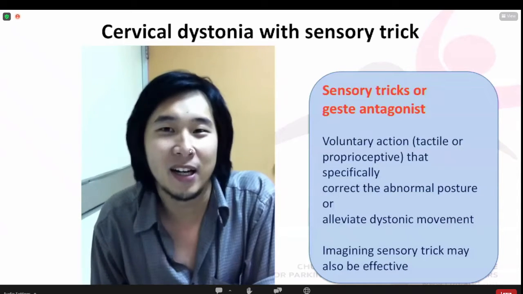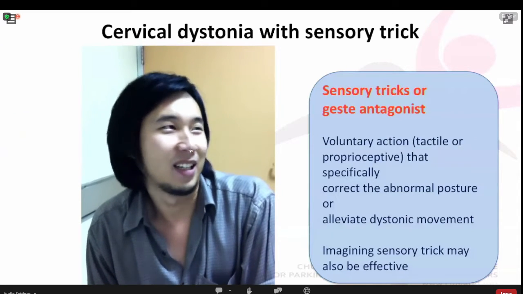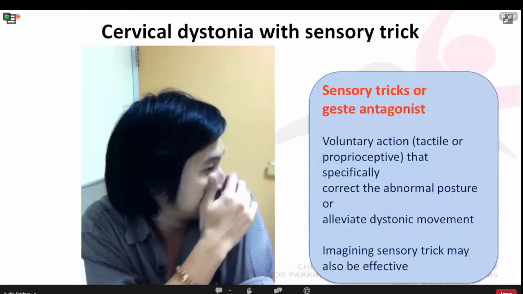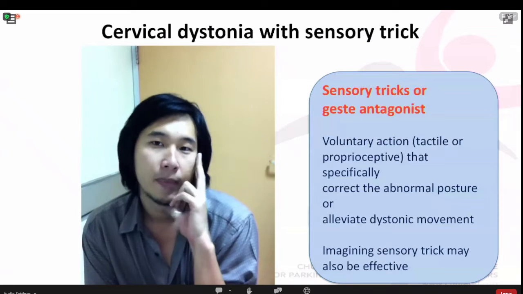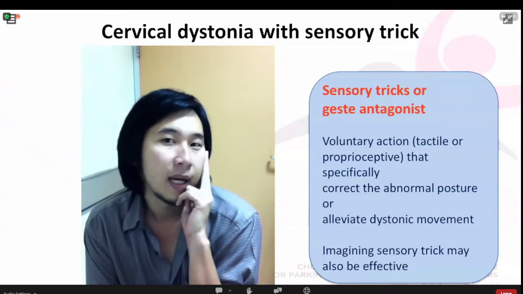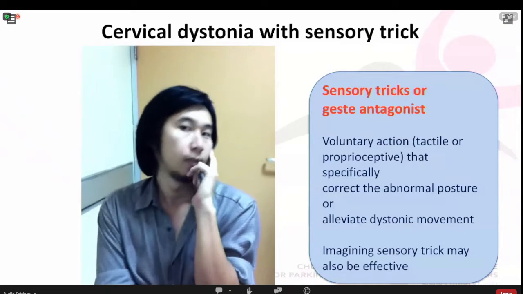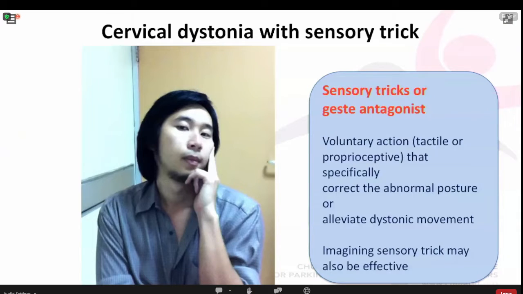You will see this severe cervical dystonia patient. He said that when he just touches his nose or his face, the position can be corrected. This is called a sensory trick or geste antagonistique, which is a voluntary action, like tactile or proprioceptive, that corrects the abnormal posture or alleviates the dystonia.